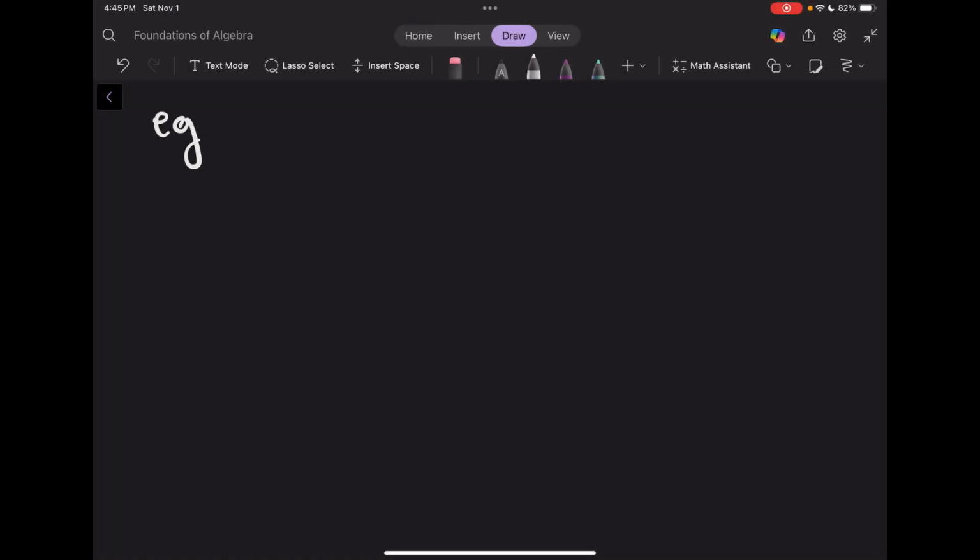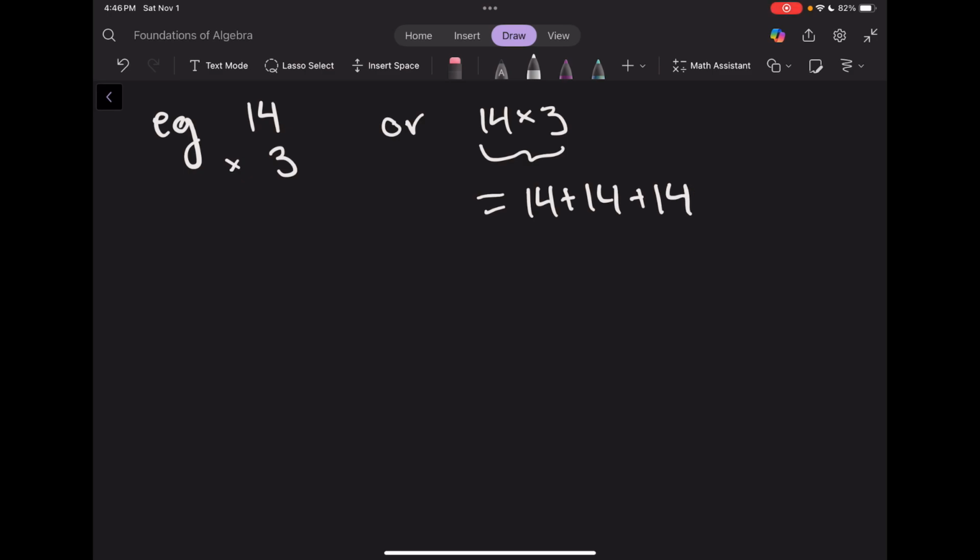So let's say we have 14 times 3, or we can also write it this way. This is the same thing as 14 plus 14 plus 14. And you can do it this way, or we can do it this is called long algorithm, I believe.